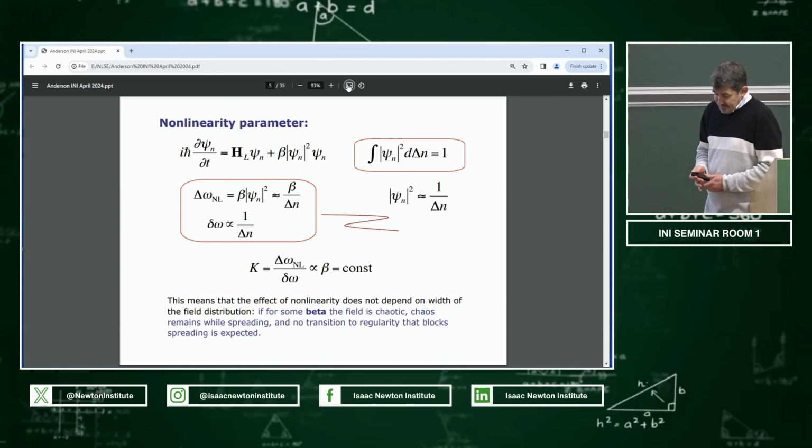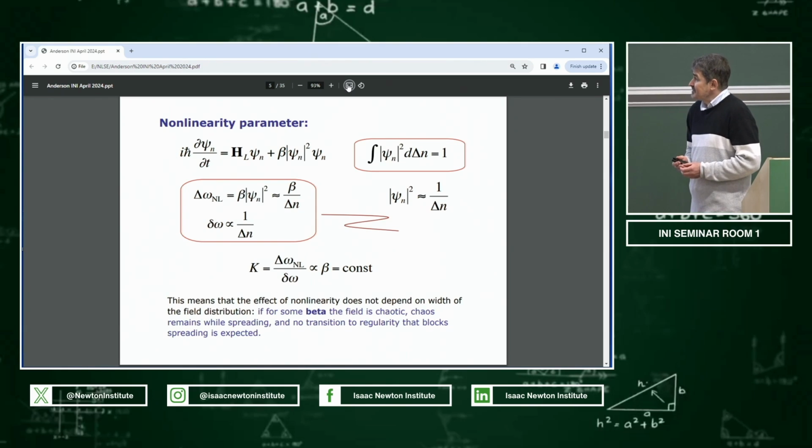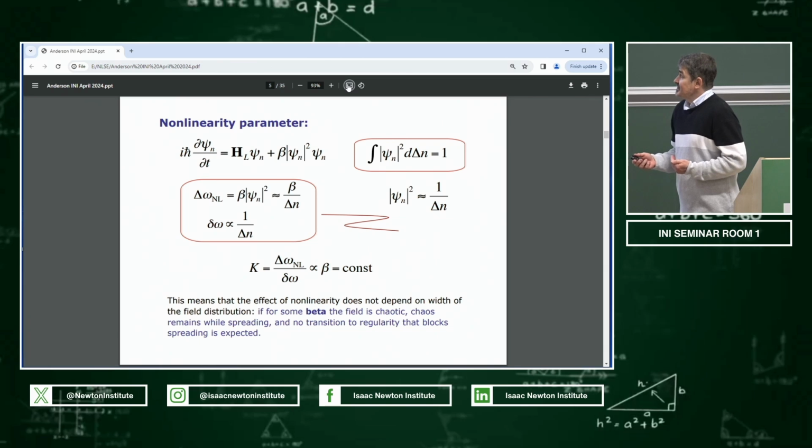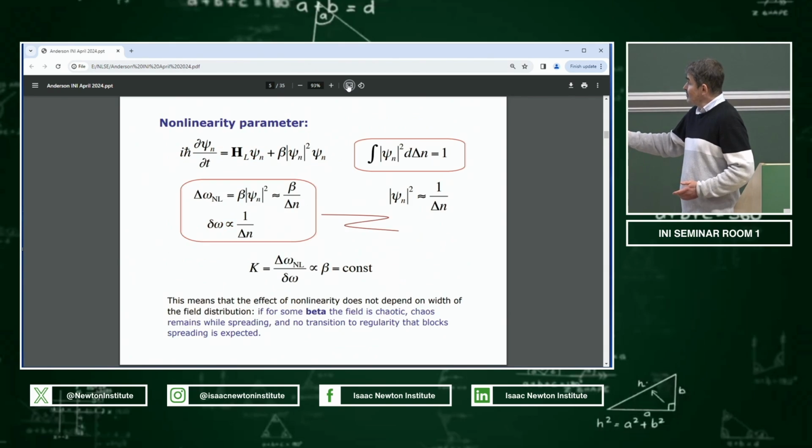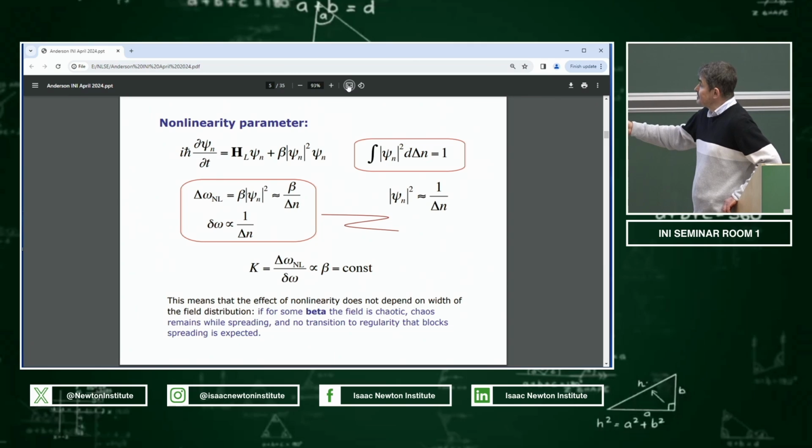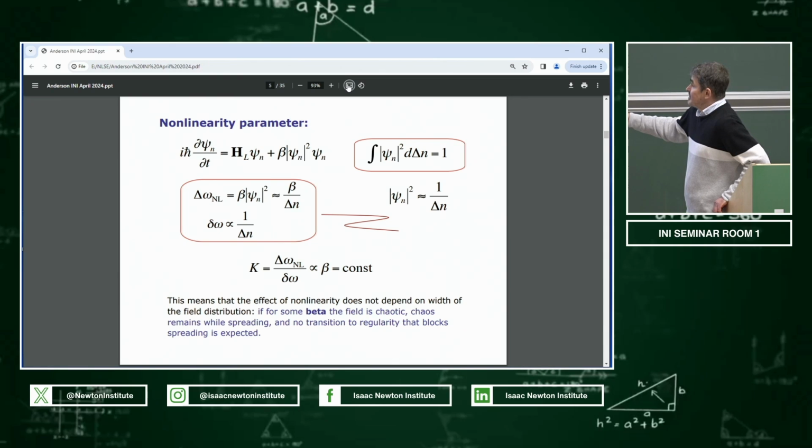If you look more widely at this problem, you can see that the Anderson problem is essentially a problem of quantum localization of chaos. In this business, you look at the nonlinear frequency shift due to the nonlinear term. And you also have a normalization condition for the wave function.